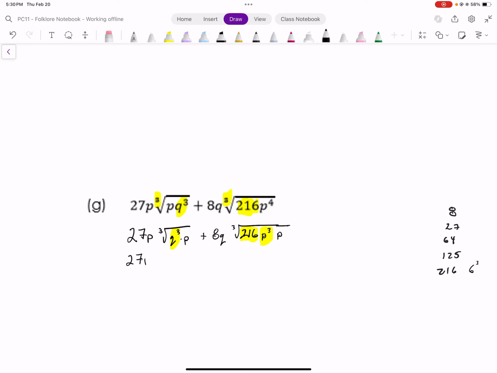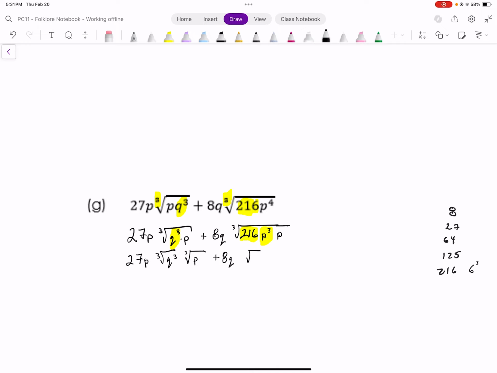This is 27p. Now, perhaps we're getting really well acquainted with this cube root business. The cube root of q to the power 3, I'm going to decompose that, times the cube root of p plus 8q.